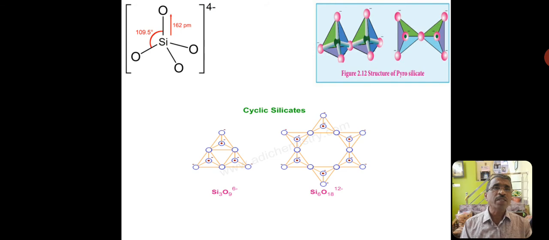So totally there are 6 minus charges, hence it is Si2O7 carrying 6 minus charge. Below, the cyclic silicates are also shown, and you must be able to draw these diagrams properly.